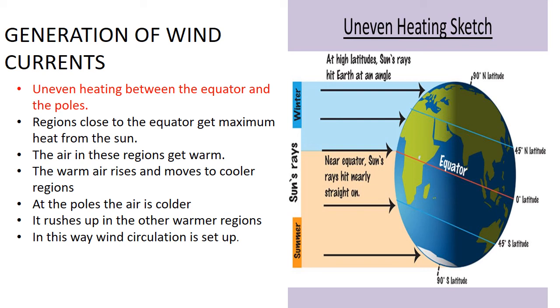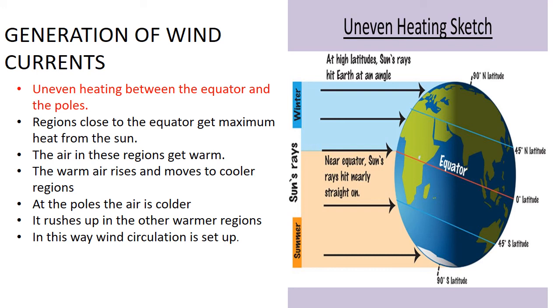And what happens? The cooler air from the regions in the 0 to 30 degrees latitude belt on either side of the equator moves in. Okay, especially at the poles, the air is colder than at latitudes about 60 degrees.